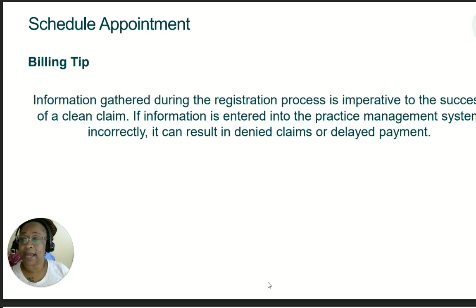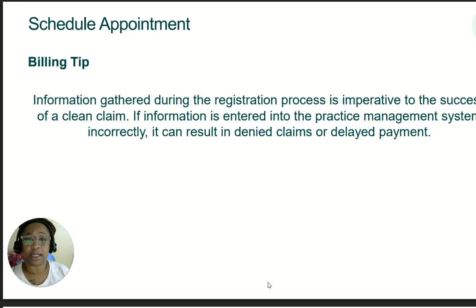The information gathered during the registration process is imperative to the success of a clean claim. If information is entered into the practice management system incorrectly, it can result in a denied claim or delayed payment. It's actually going to reject the claim. What happens is when we're due to transmit through the clearinghouse, it checks all of the data that was entered into the software program behind the patient.